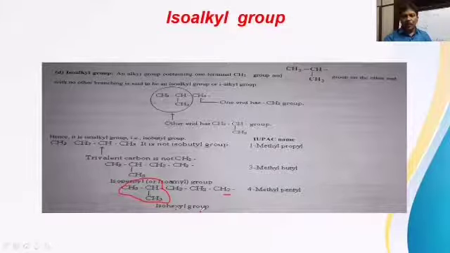Isohexyl group. Whereas in IUPAC system, how did it get this 4-methyl pentyl, we'll check it. Now I told you that the free bonded carbon must be allotted first position, and it is second carbon, third carbon, fourth carbon, fifth carbon. So totally how many carbons in the longest chain from this first carbon? 5 carbons in the longest chain. So it is pentyl.